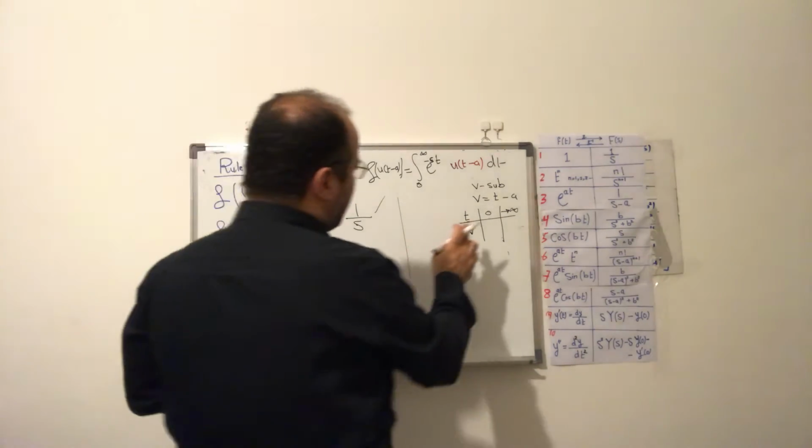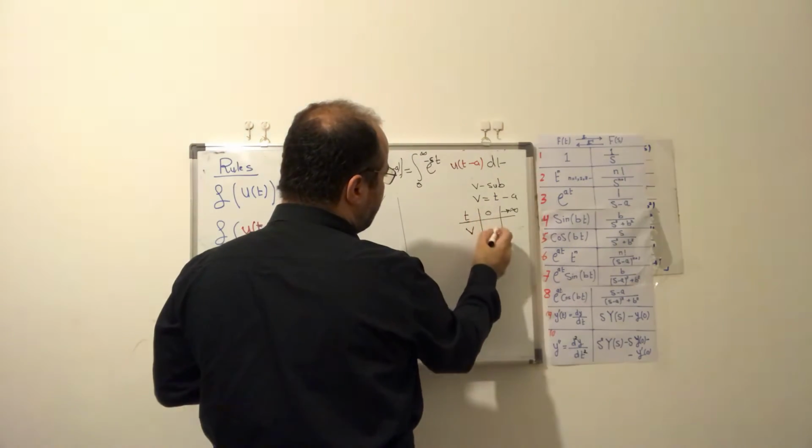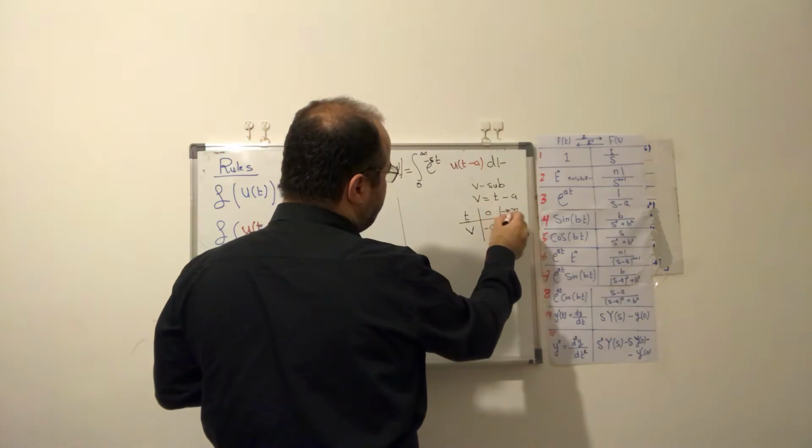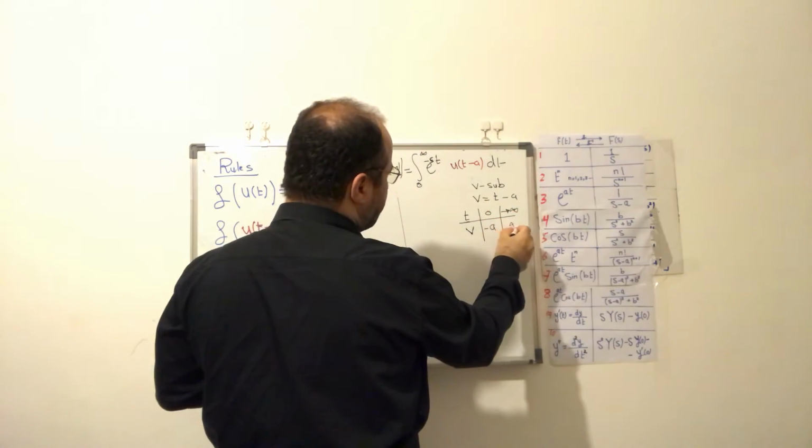When t is 0, you get minus a, and when t is infinity, v is also infinity.